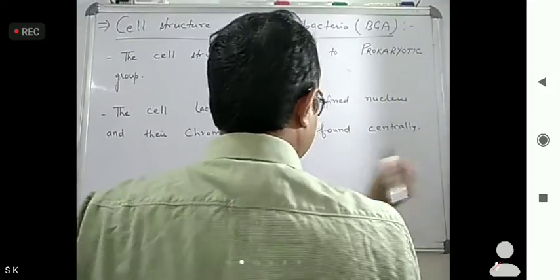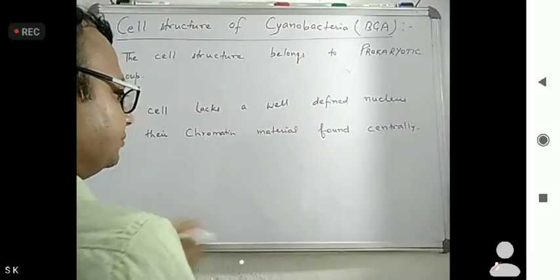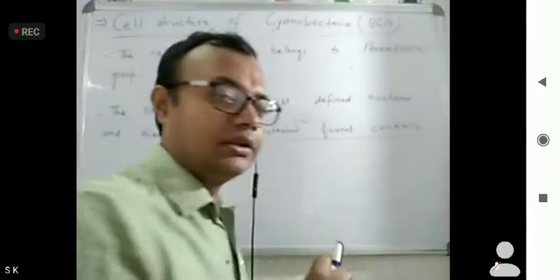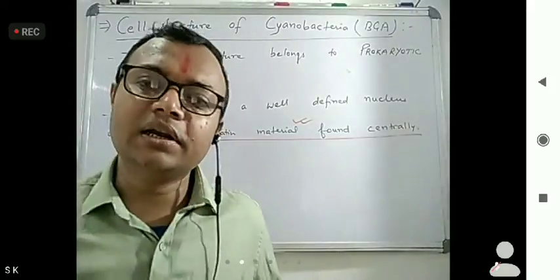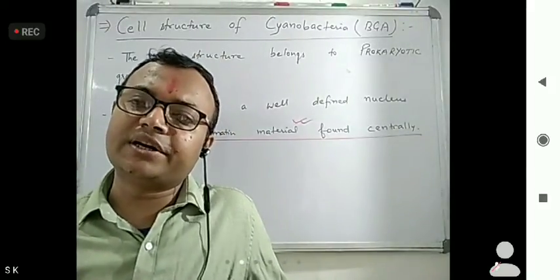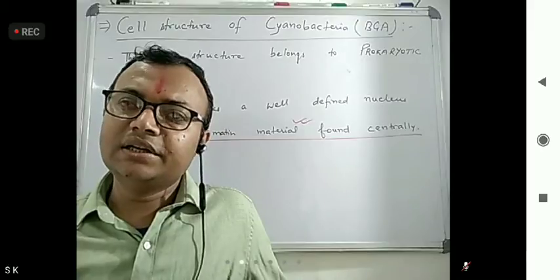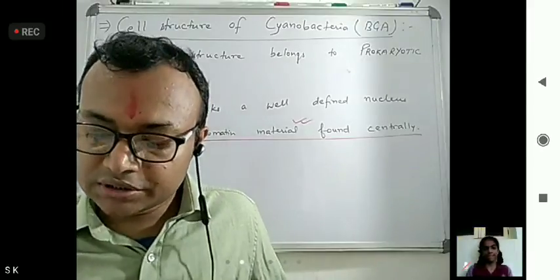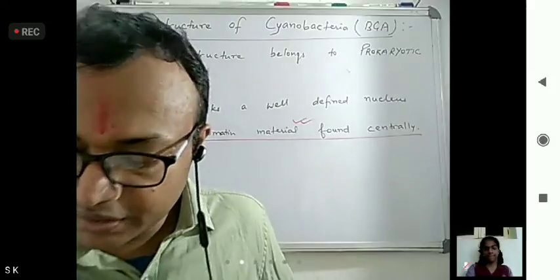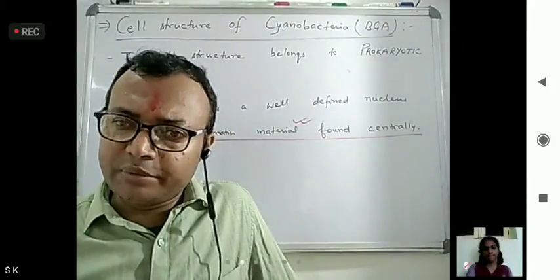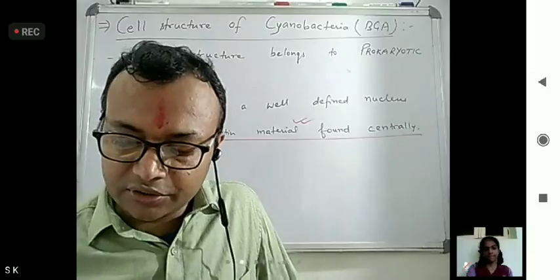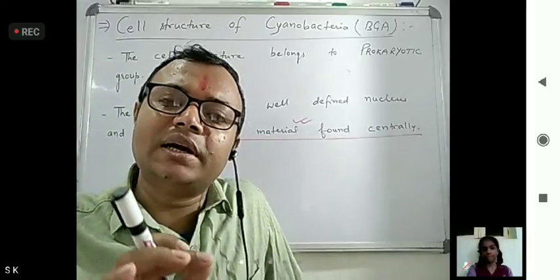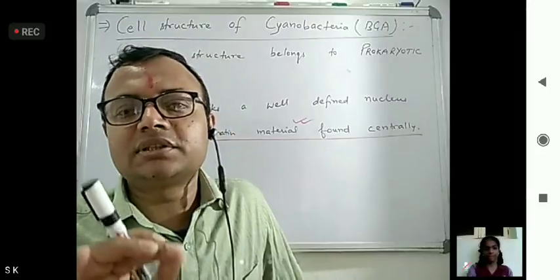This you have to remember, that chromatin material is found centrally. This is a medical exam question, that the chromatin material of cyanobacteria is found centrally.